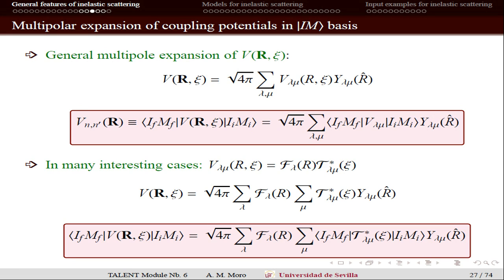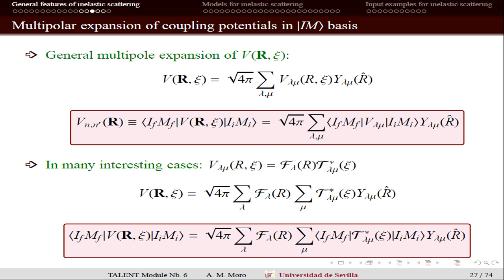if we have states characterized by some angular momentum of the projectile, initial and final, and we put this expansion inside this matrix element, this coupling potential will contain terms of this kind. This square root of 4 pi is introduced many times for convenience.